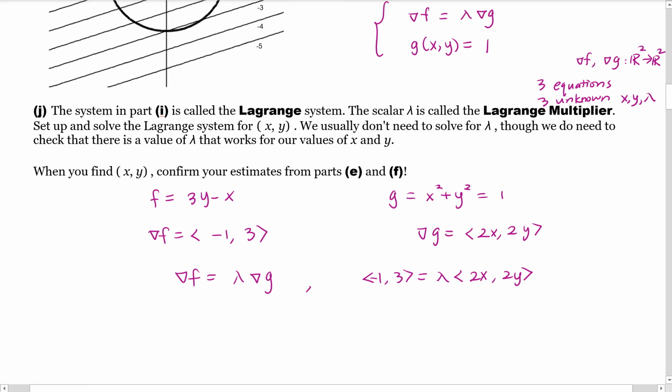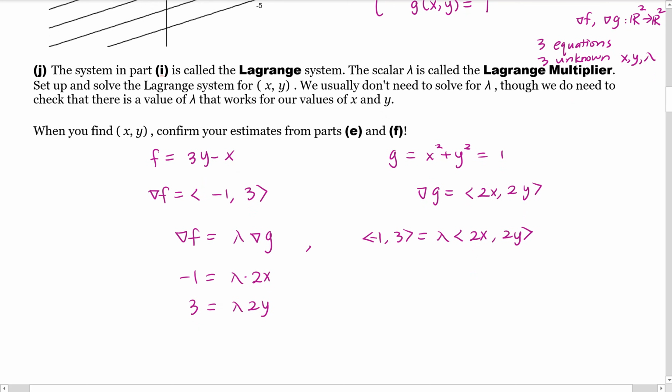So let's look at each coordinate function. We have minus 1 equals lambda times 2x. 3 equals lambda times 2y. And don't forget we have the constraint x squared plus y squared equals 1. Alright, and how do we do it?